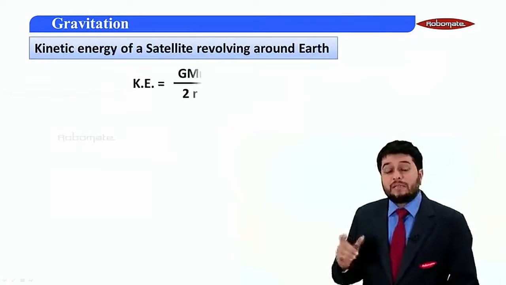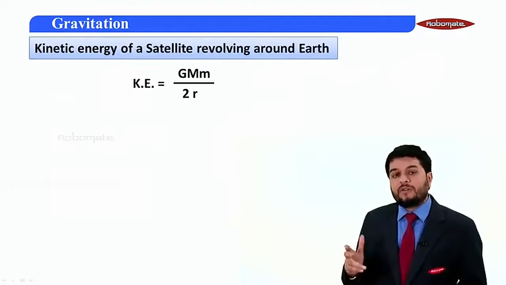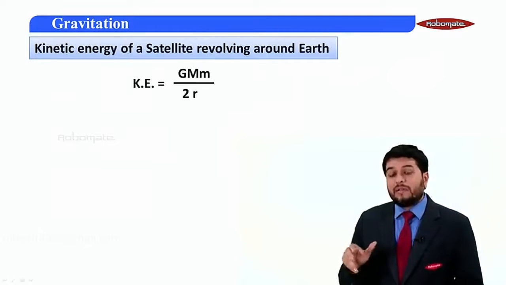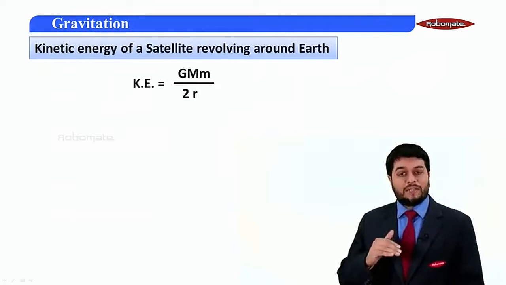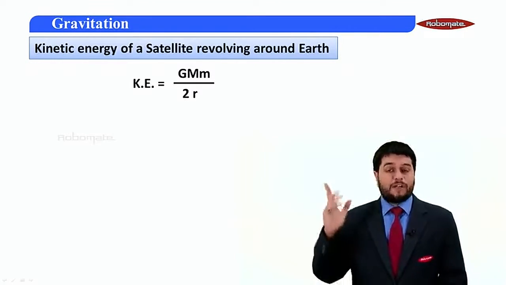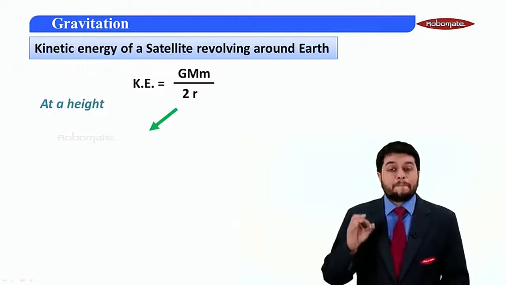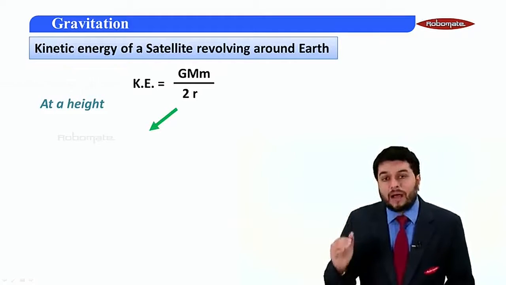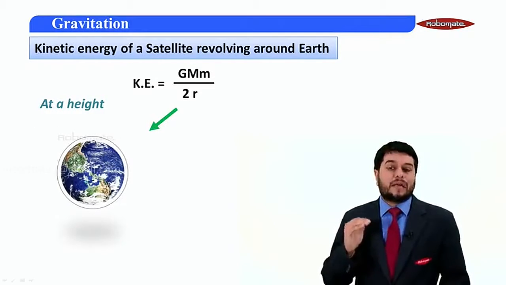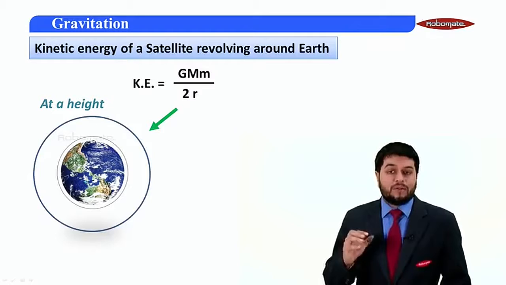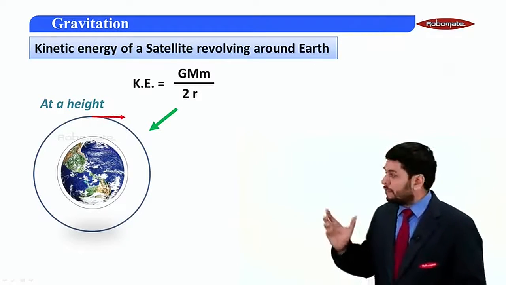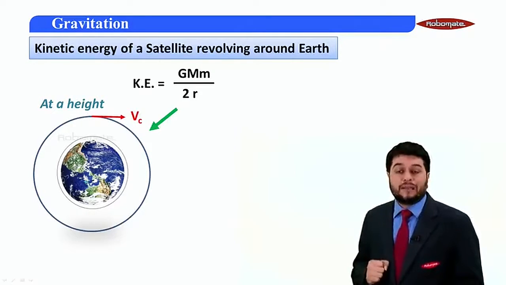Now, in a similar manner, as we discussed for the potential energy, two cases: at a height and close to the surface. If this is the fundamental formula for kinetic energy of a revolving satellite, then on the same pattern, at a height, the kinetic energy formula changes as per the notations shown in the diagram.